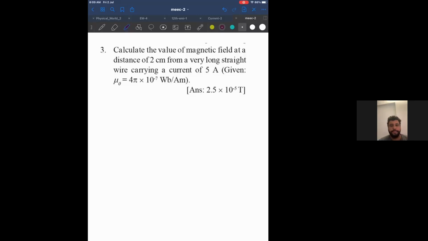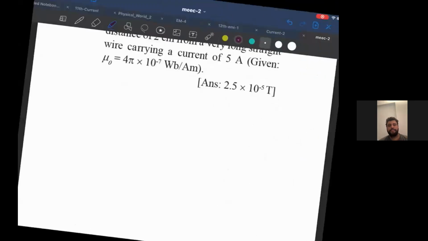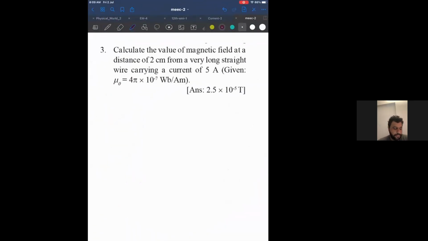Anyone getting the answer? Sir, wait a minute. Sir, 5 into 10 raised to minus 7. Yeah, correct, 5 into 10 raised to minus 7.